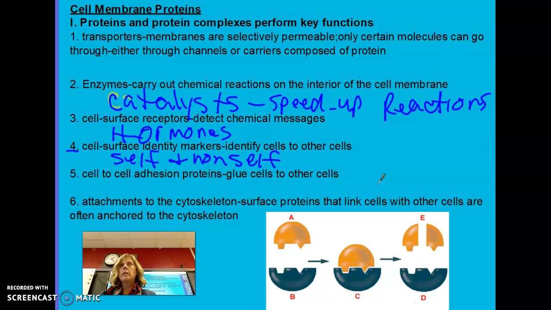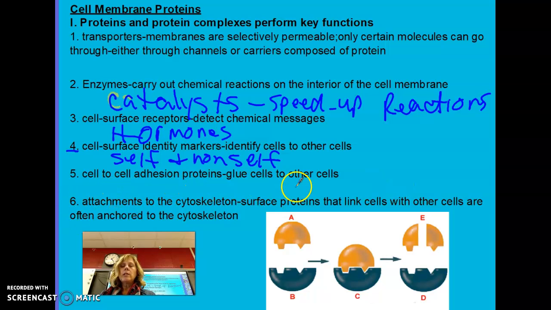So if you have B cell lymphoma and you happen to have this CD20 cell marker on your B cells, and the cancer is in your B cells, then they can target that CD20 marker with different medications or chemotherapy agents. So sometimes we use that in terms of treatment as well.